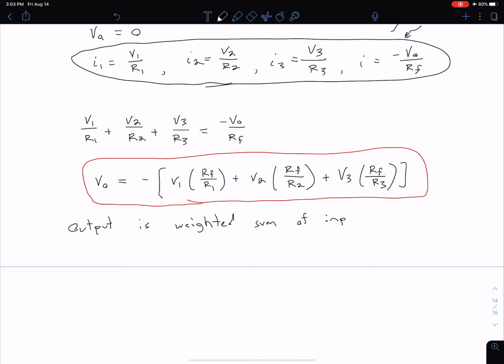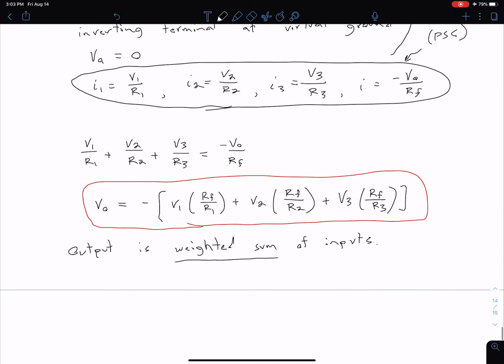And we notice that it's also still inverting our input because we have that negative sign out front. And so we're going to see a useful practical application of that in a later video where we talk about using this type of circuit as a digital to analog converter. A simple one, but one that works pretty effectively.